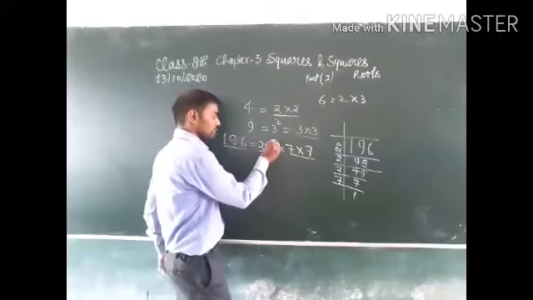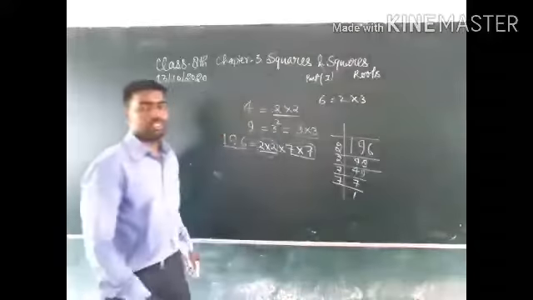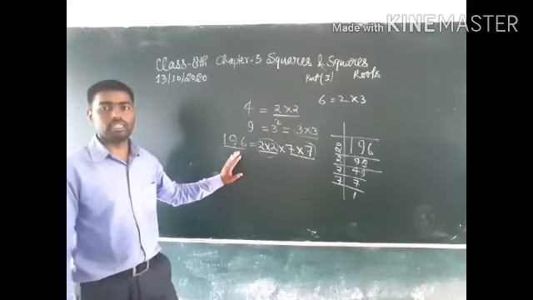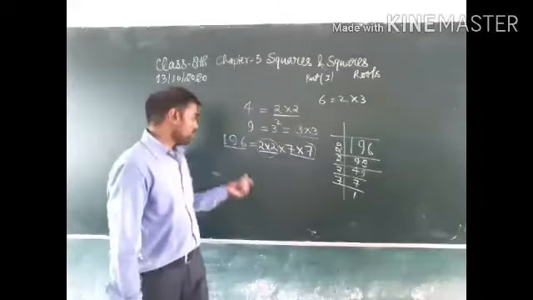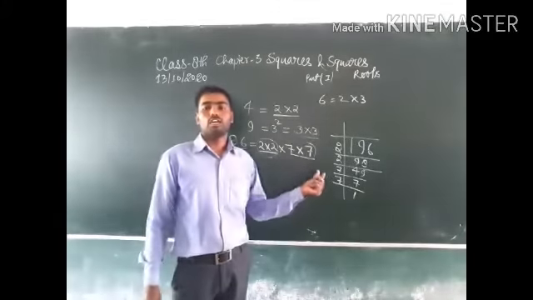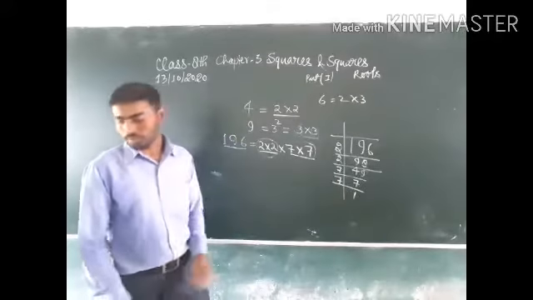You can see this is a pair of 2 and this is a pair of 7. So 196 is a perfect square. You can check any number when the given number is converted into pairs of equal factors.